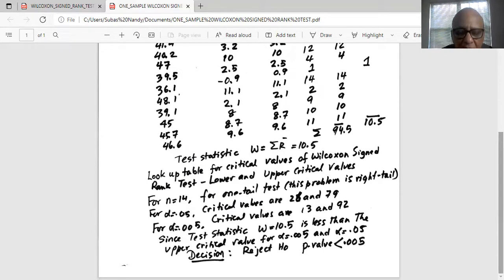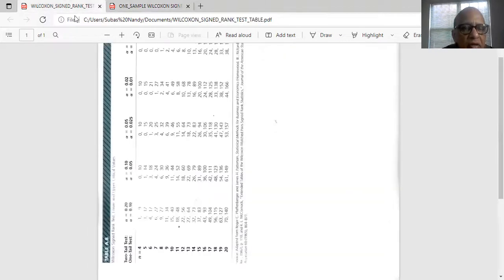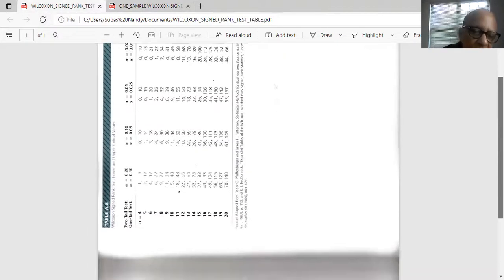Okay, so how does the table look? Let's take a look at the table. This is the table. Sorry, it is in a side by side view, but if you focus on the first column, which is n equal to 14, the sample size, you draw a horizontal line through n equal to 14, and then you go to one tail test, alpha equal to 0.05.